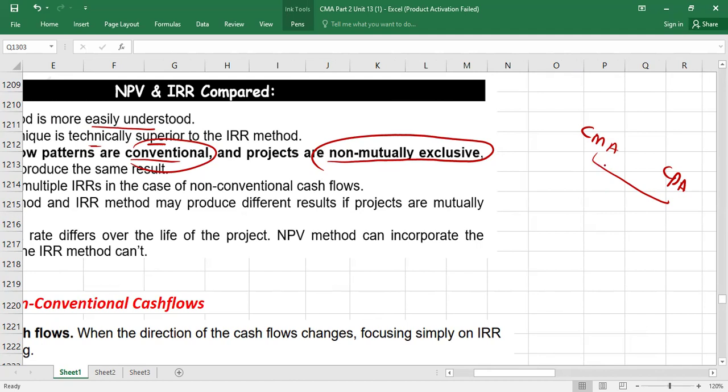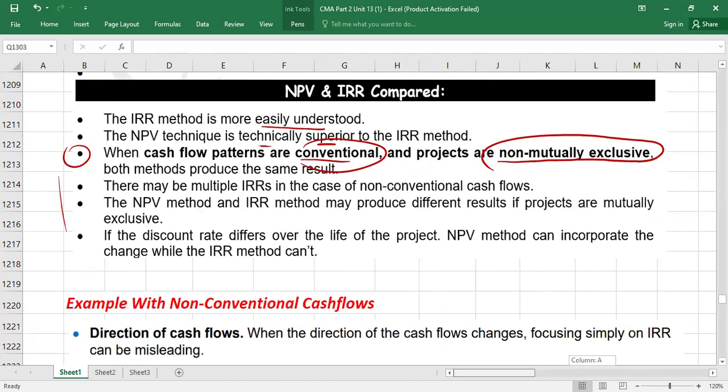That is called mutually exclusive: you have two competing projects in terms of investments, but only one you have to choose. Non-mutually exclusive means these projects are not competing, so maybe you can choose all. That is non-mutually exclusive.